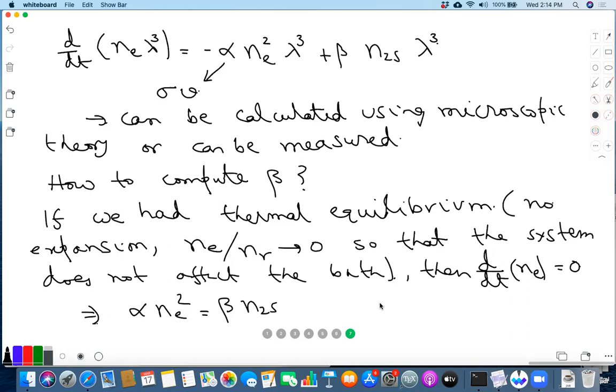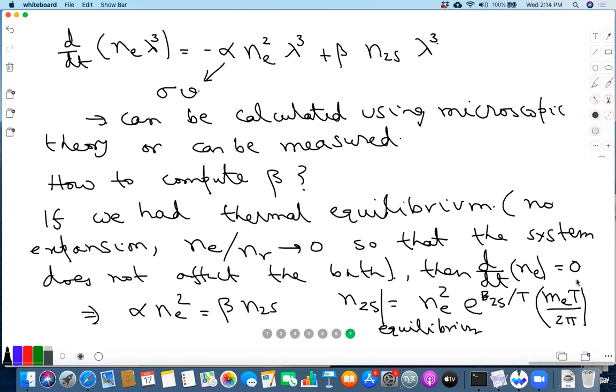But now we can write the formula for n_{2s}. Remember that n_{2s} in equilibrium was given by n_e times n_p, but that's the same as n_e squared, times e to the power plus B_{2s} by T, and then there is this factor of m_e T over 2 pi to the power minus 3 by 2.